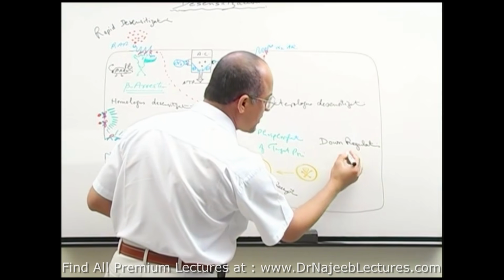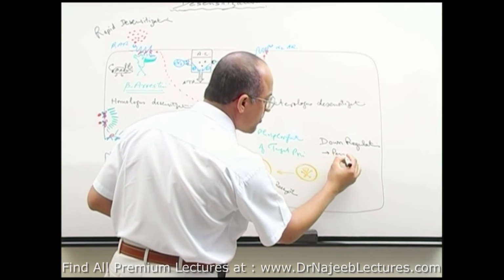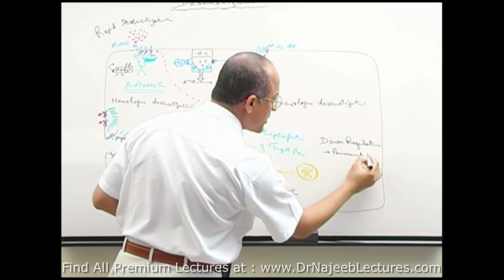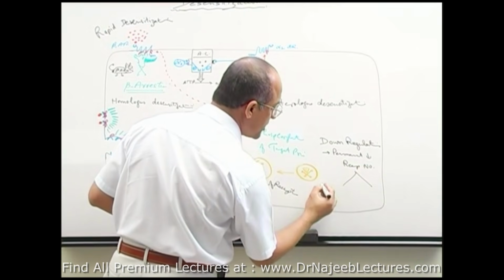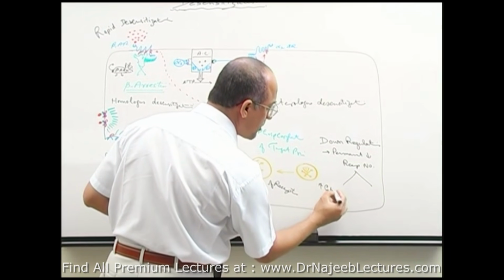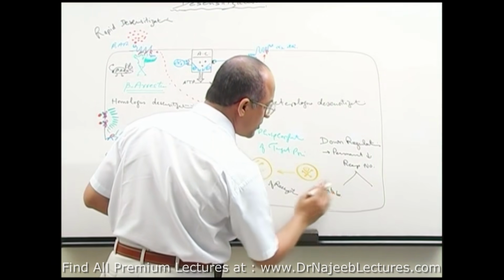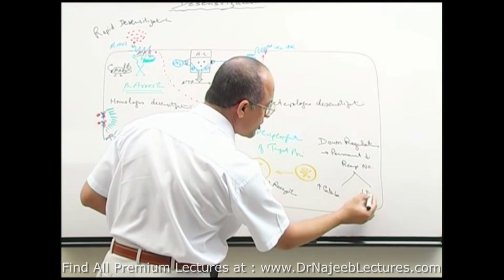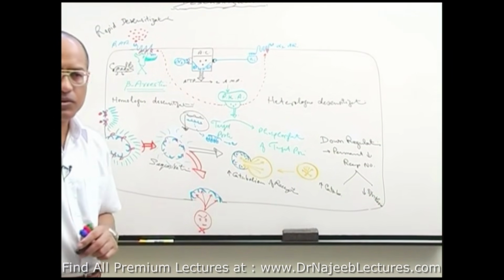Down regulation of receptor means there is a permanent decrease in receptor number by two mechanisms: increased catabolism of receptor plus decreased synthesis of receptor. Am I really clear to you?